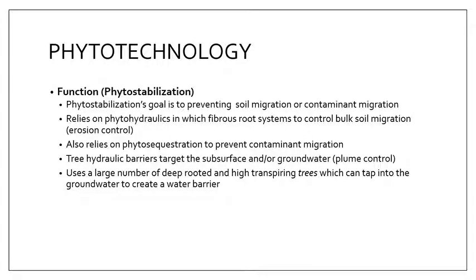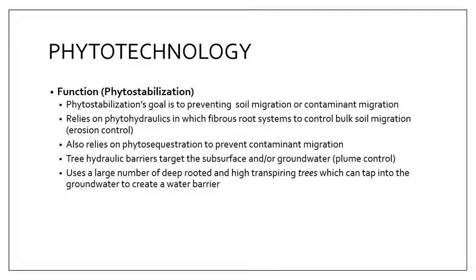Alright, another function of your phytotechnology is phytostabilization. This is more of a physical function of the plants. So what we do in phytostabilization is just to prevent the soil from migrating or eroding, or to prevent the contaminant from migrating.